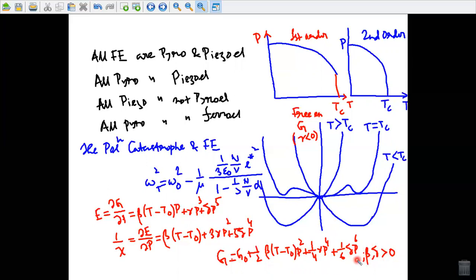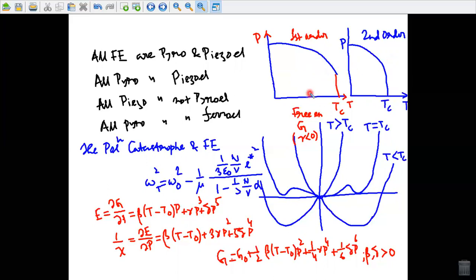By symmetry, only even powers are possible. Also, in a second order transition, P is continuous at the transition temperature Tc, whereas in a first order one, it is not.